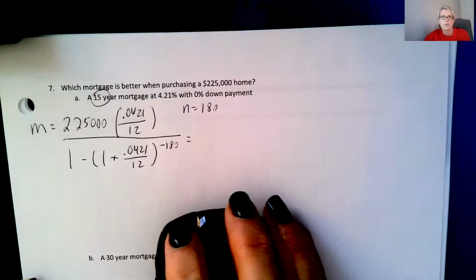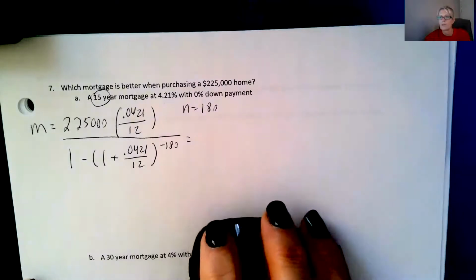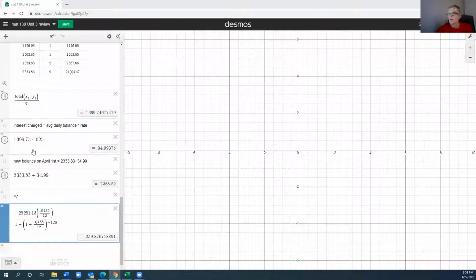Okay, so I'm going to go to Desmos and share with you how to type this in. So we need to edit this because I copied from another problem. So we borrowed the full 225,000, right? And my interest rate is 0.0421.